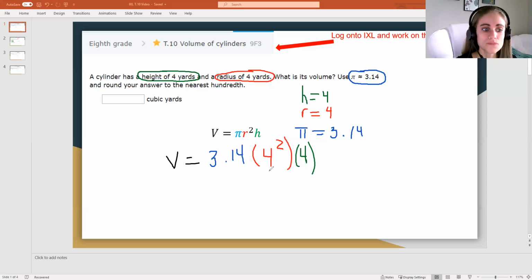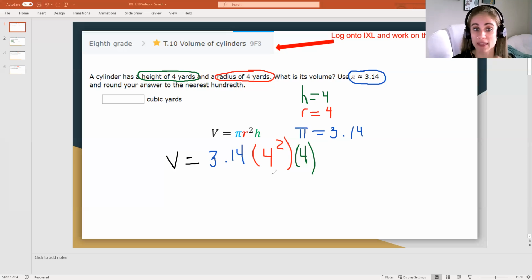All right, this right here is one of the parts that we need to make sure we remember, which is how to do exponents. When you have 4 squared, when you have an exponent, is that 4 times 2, or is it 4 times itself 2 times? It's the latter. That exponent tells you how many times you're multiplying the base.